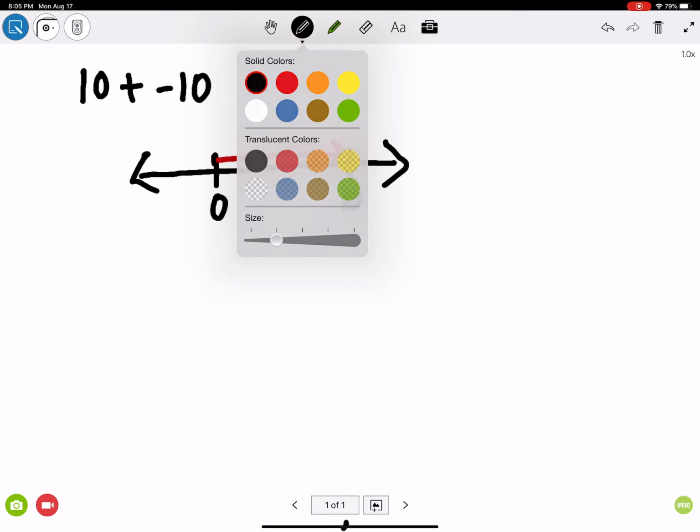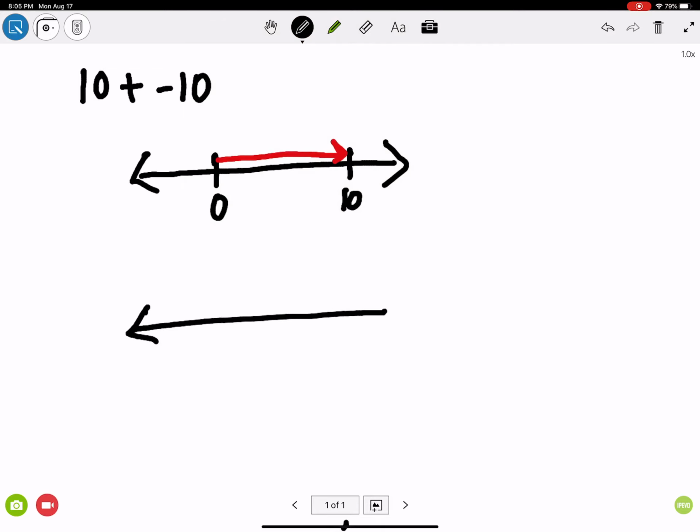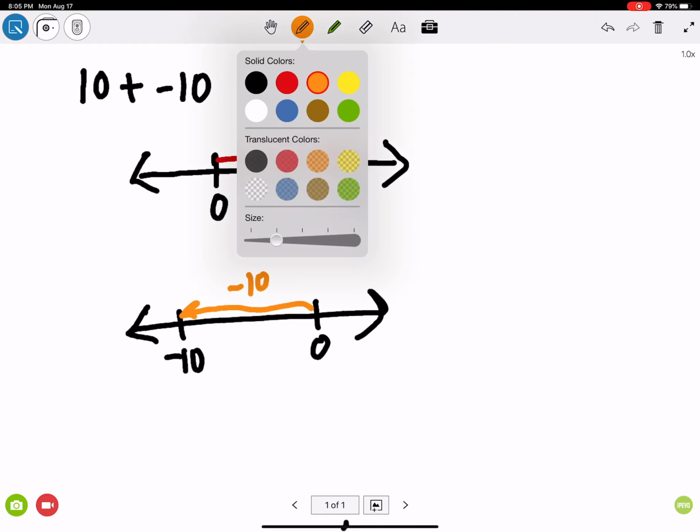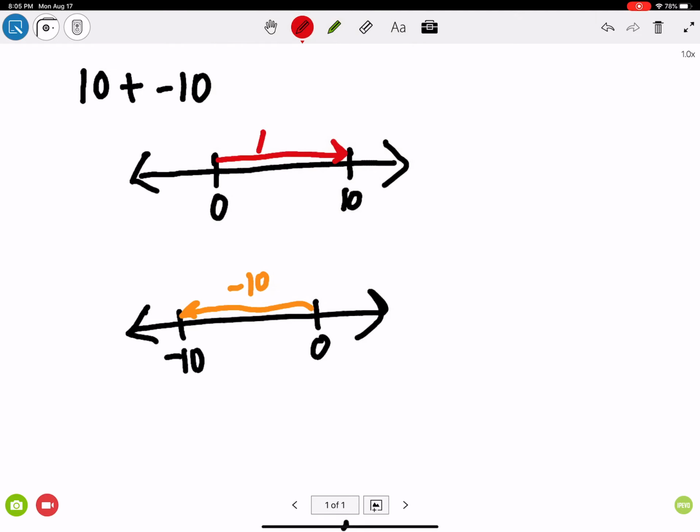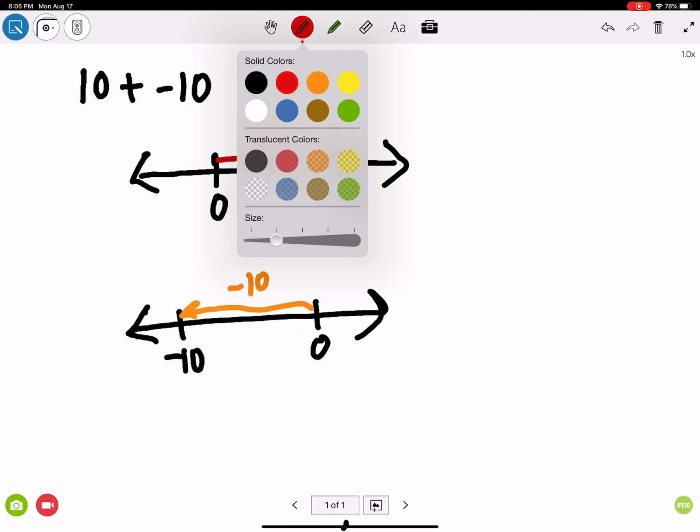And if I am going to -10 from 0, I am going 10 places to the left. Okay, so this is -10. This is +10.